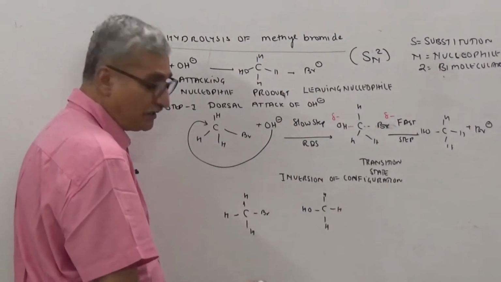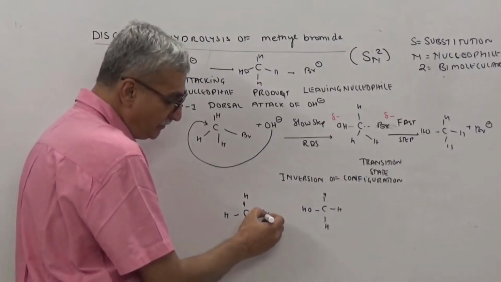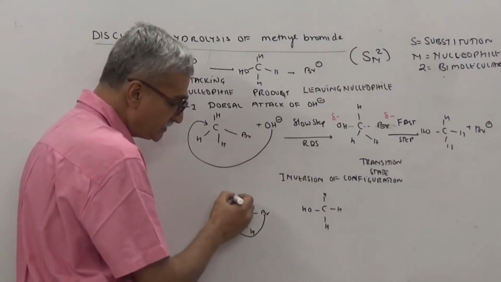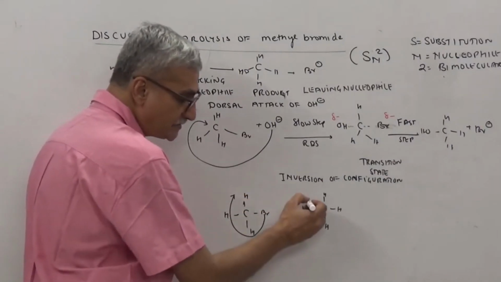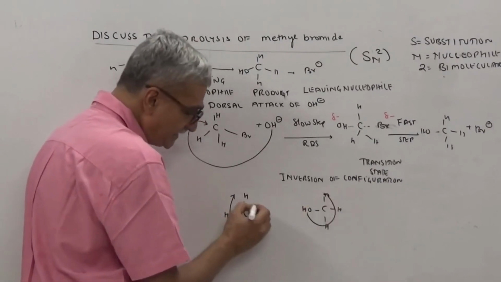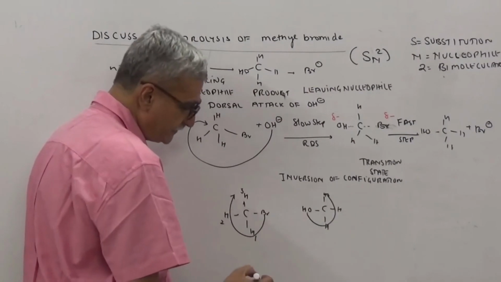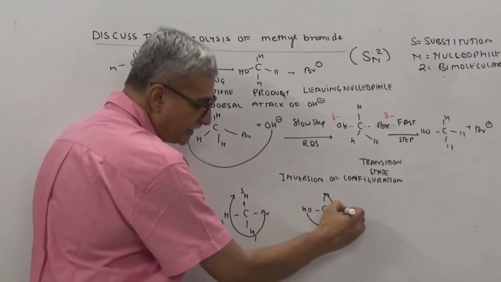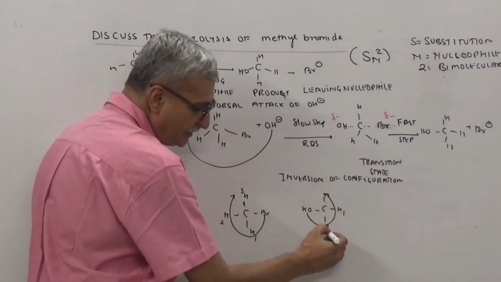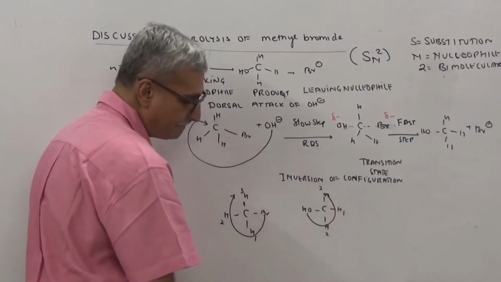So suppose here, from the higher to the lower, if you go like this, then this is clockwise. Whereas here, let us say this is hydrogen 1, hydrogen 2, hydrogen 3. Again over here this is hydrogen 1, this is hydrogen 2 and this is hydrogen 3.